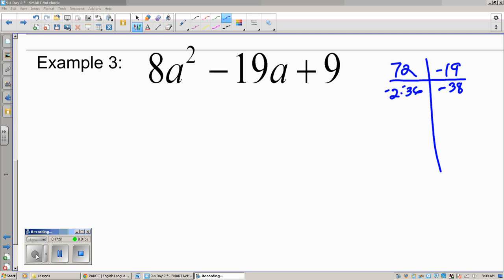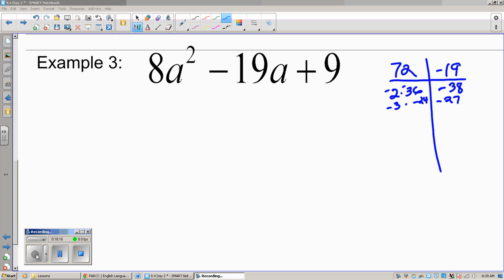I know 3 times 24 equals 72. So I got to do negative 3 times negative 24, and that equals negative 27.